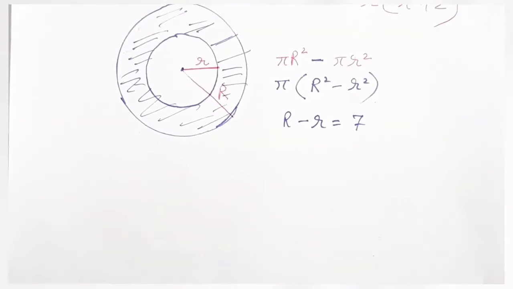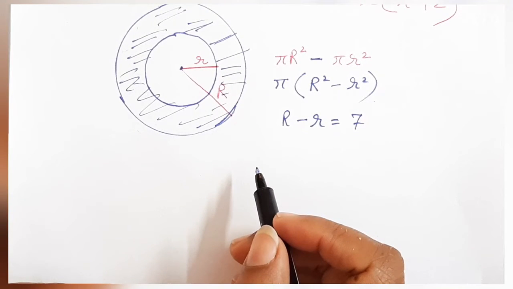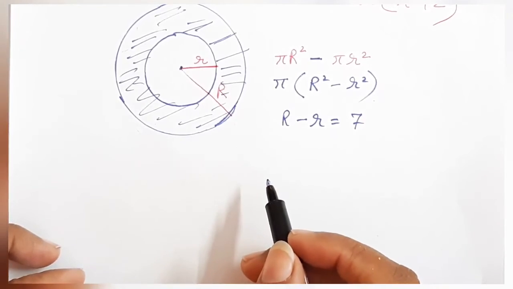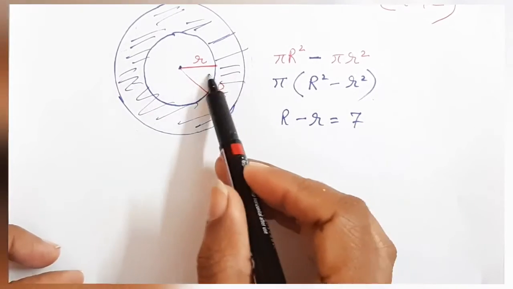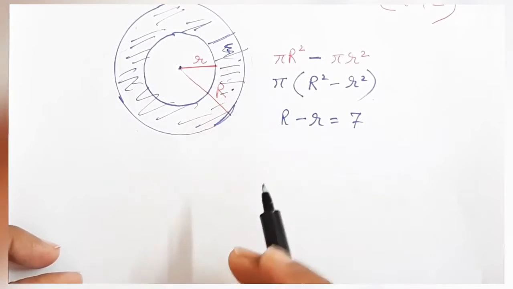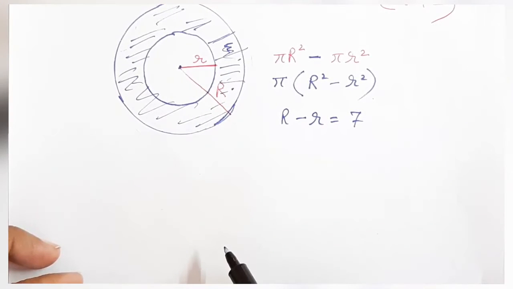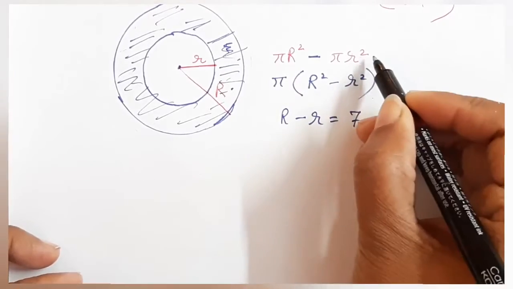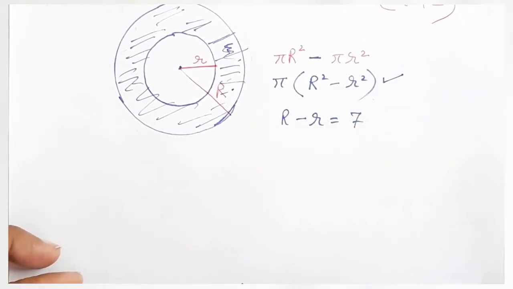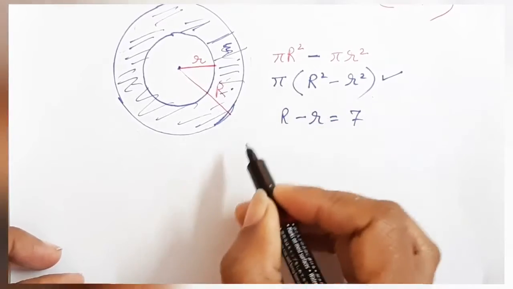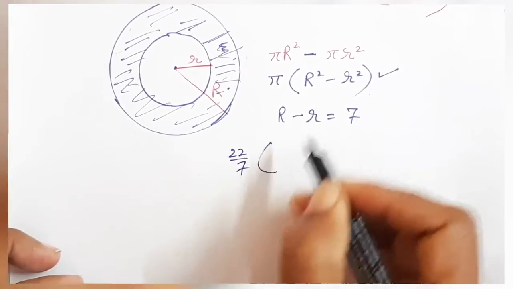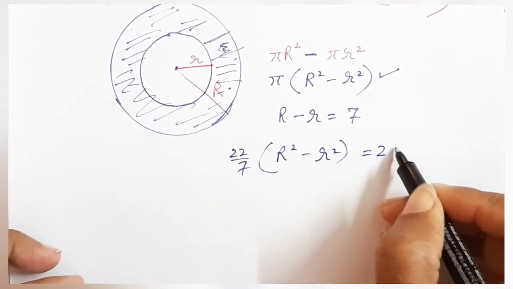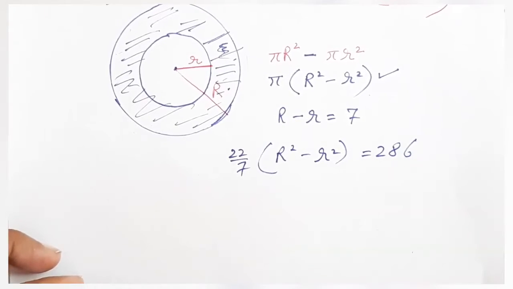Clear? And what is given? The area of this shaded region is how much? That is 286. Clear? So that means we can say, now we are going to use this formula, that is 22 upon 7 into (R square minus r square) equal to 286.